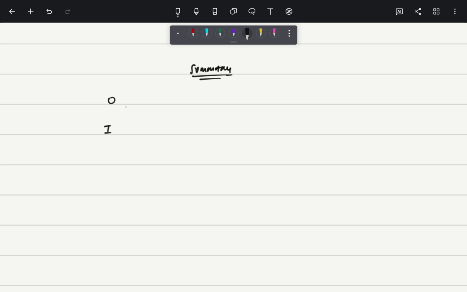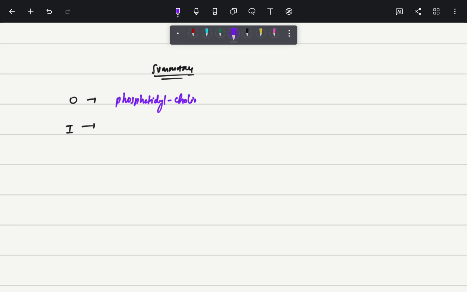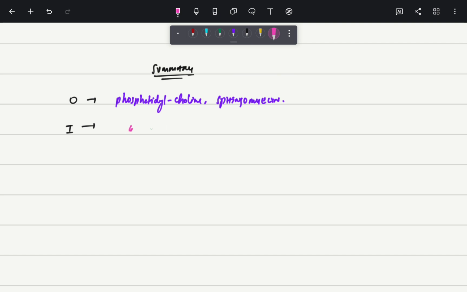The outer leaflet consists of phosphatidylcholine and sphingomyelin, and the inner leaflet consists of phosphatidylserine and phosphatidylethanolamine.